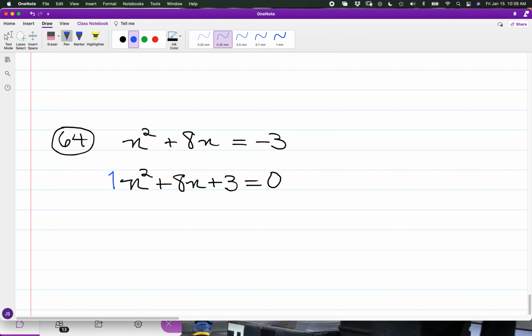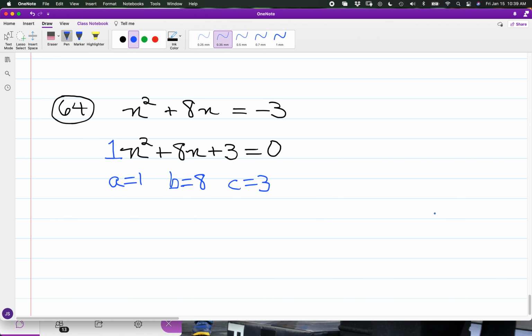Okay, since we're going to be drawing out the coefficients representing a, b, and c, and also since we have a trinomial that cannot be factored into integer coefficients, you have a positive 1n squared. So we have a equal to 1, and b equal to 8, and c equal to 3.